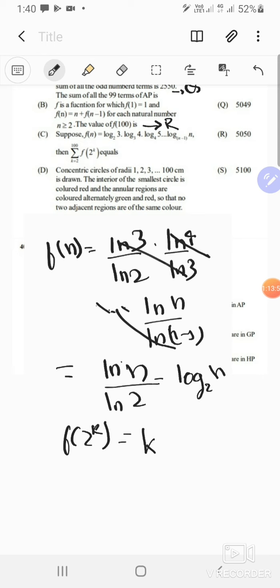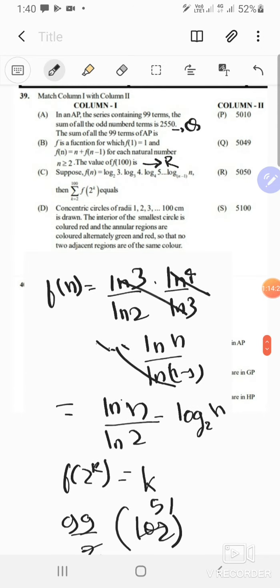From 1 to 100 there are 100 terms, so 2 to 100 there are going to be 99 terms. 99 by 2 into the sum of the first and last term, which is 102 in this case. So what is that? That's going to be 99 into 51. Hey, that's exactly what we got. That's weird. Okay, we know it's going to be 5049. So this is also Q.